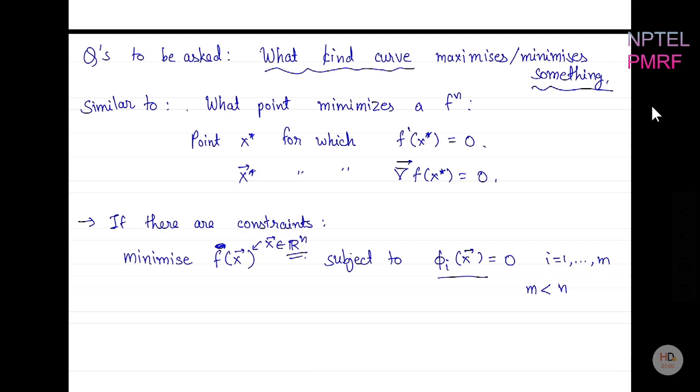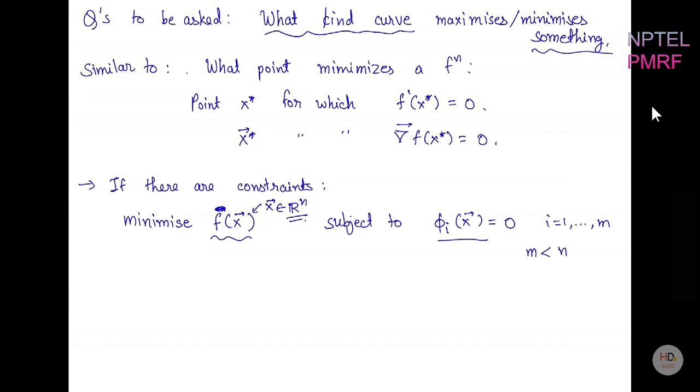So now we want to minimize the function f, but not in the entire space, but on some surface. Okay, this should be reminiscent of what we had learnt in the first or second class, where we had some constraints and we were trying to find something about those constraints. And the solution was Lagrange multipliers.